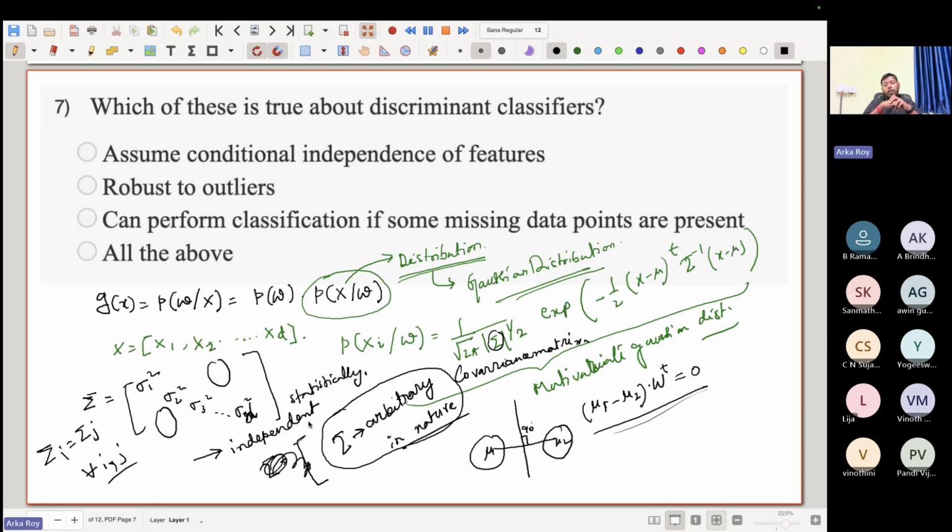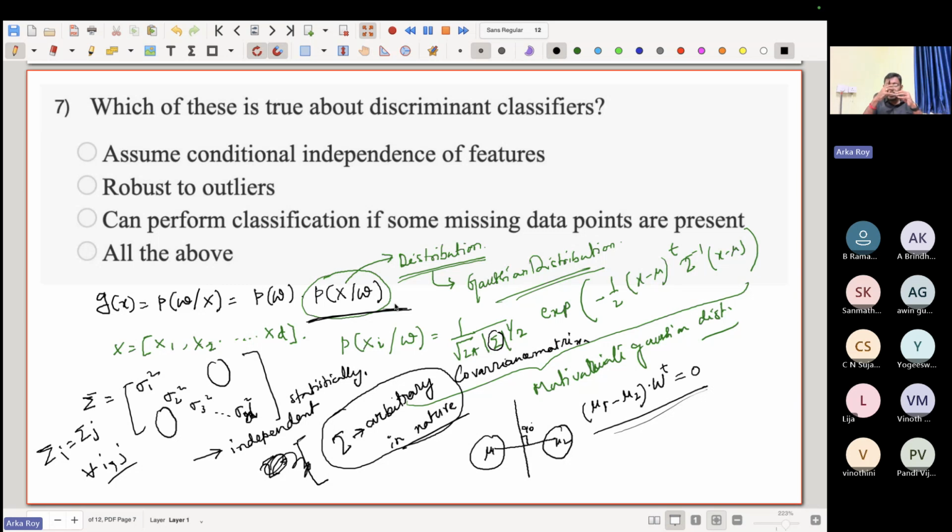So that means it is not necessary that this particular conditional probability or the conditional density should be independent in nature. And that is what we see in many of the cases. In the last class, probably in week 2, when I showed the first Python implementation, I also showed that you have different classes, you have extracted features. And in the majority of the cases, you've seen that the features from both the classes have some sort of similar attributes.